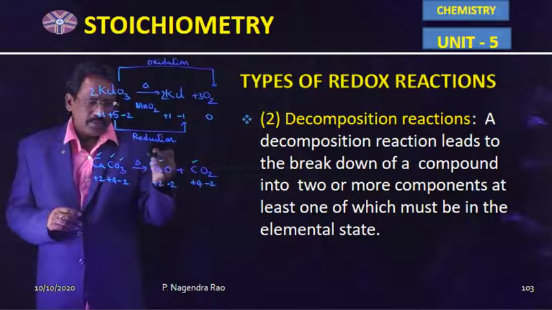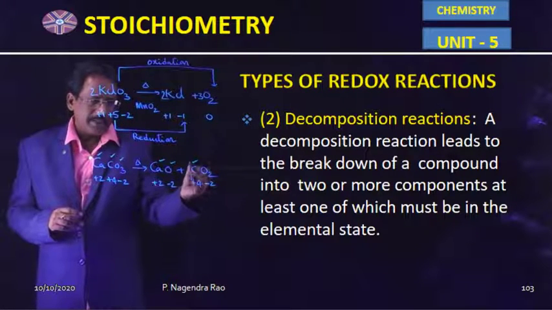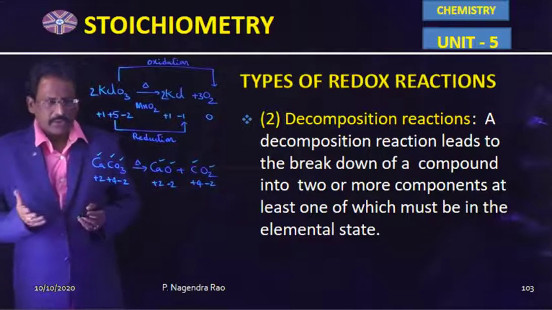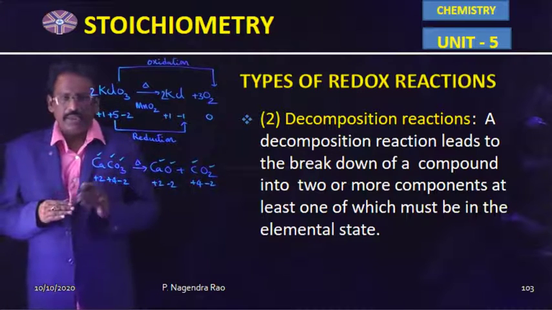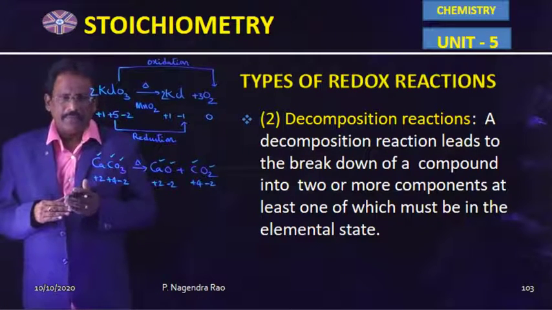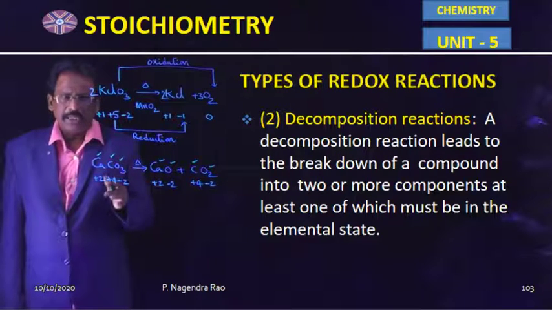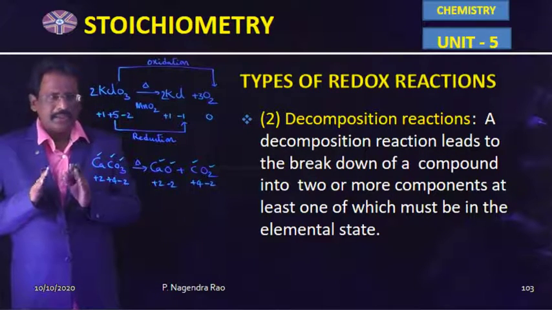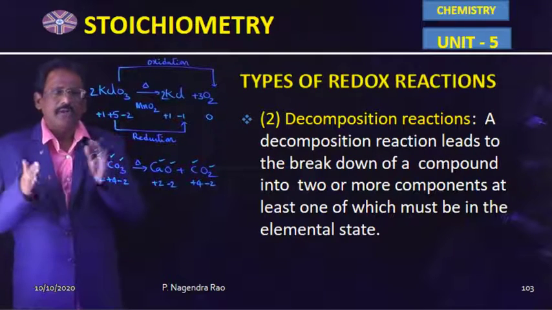When compared with CaO, it is also -2, or when compared with CO2, its value is also -2. So this is not an example of redox reaction. Neither oxidation nor reduction takes place in this decomposition reaction. That means all decomposition reactions are not the examples of redox reactions.